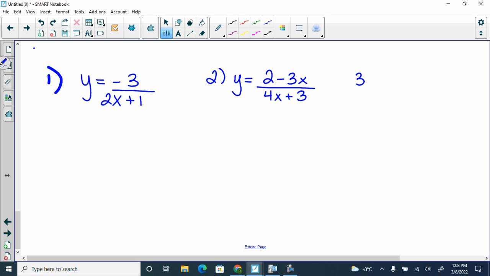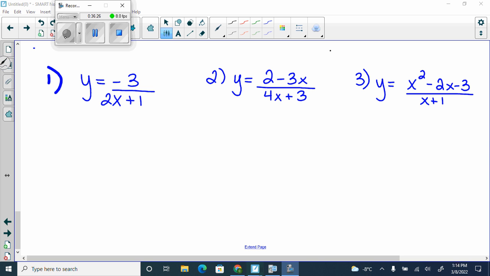And then 3: y equals x squared minus 2x minus 3 over x plus 1. So I want the vertical and horizontal asymptotes or points of discontinuity, whatever is there. Okay? Do that.